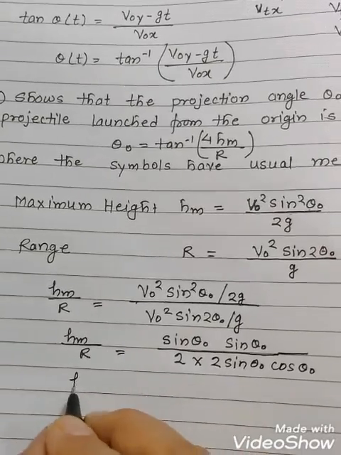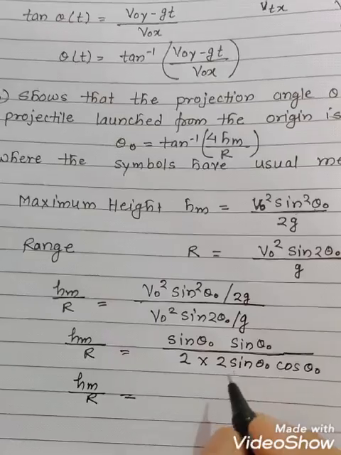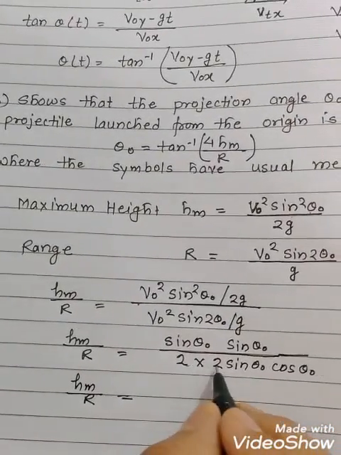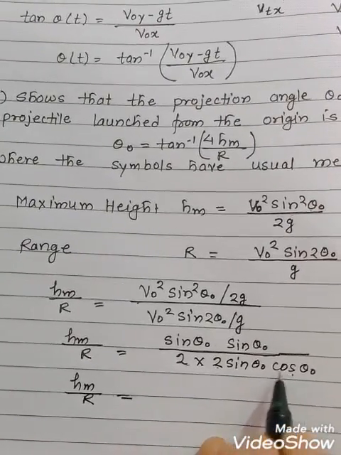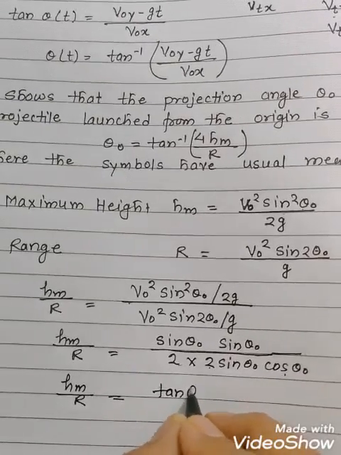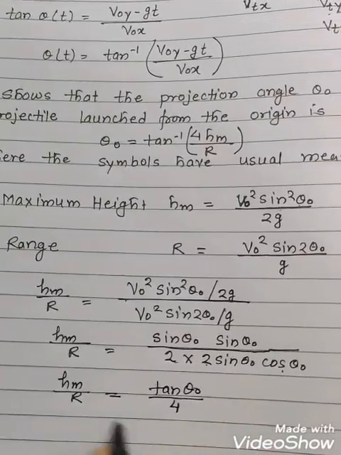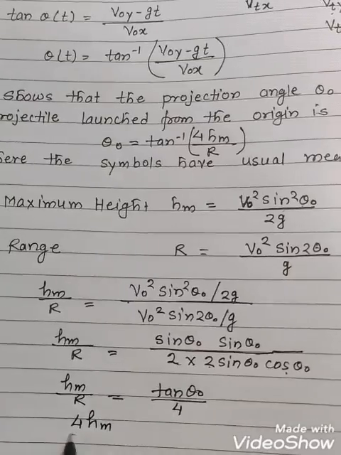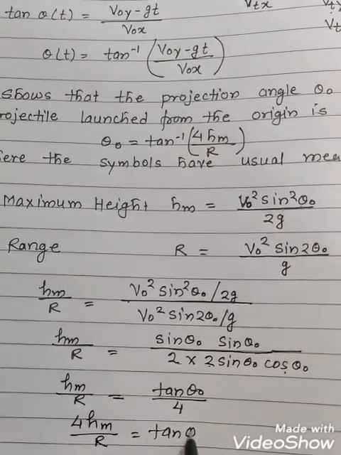So it is Hm upon R. You can see that sin θ₀ would be cancelled, 2 twos are 4, and sin θ₀ upon cos θ₀ would be tan θ₀. So it will come as tan θ₀ upon 4. This 4 will transfer to this side, so this is 4Hm upon R equal to tan θ₀.